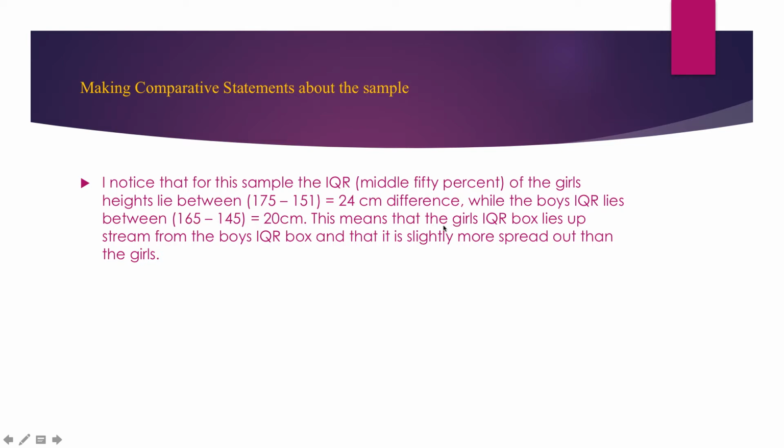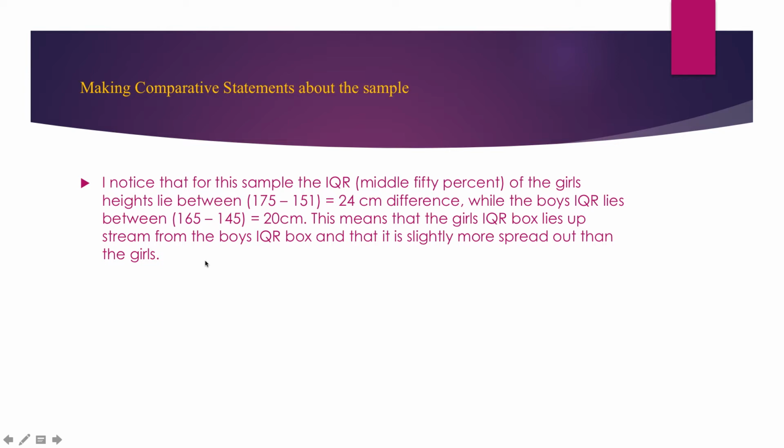This means that the girls' interquartile range lies upstream from the boys' interquartile range box and is slightly more spread out. Now this statement is really, really important because we will be talking about this in depth.